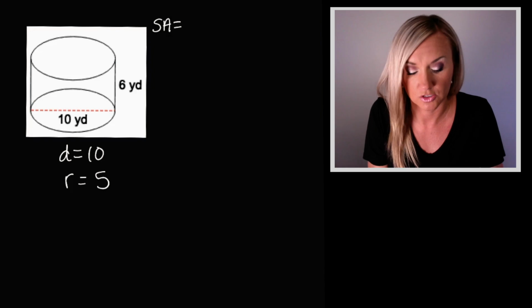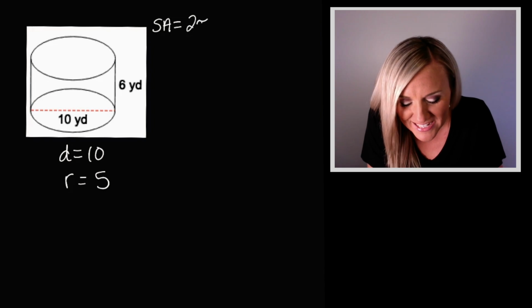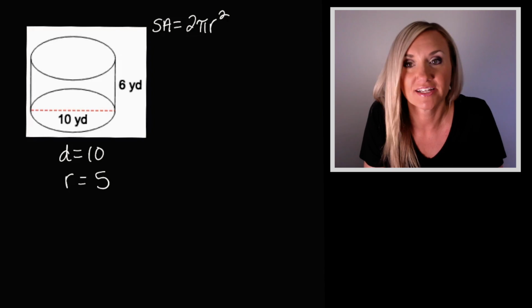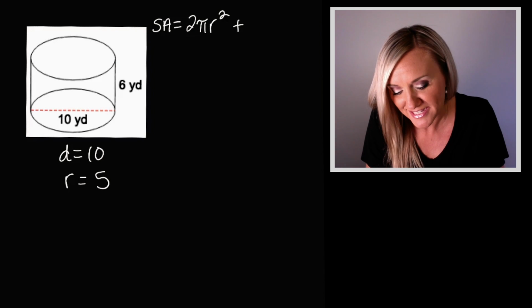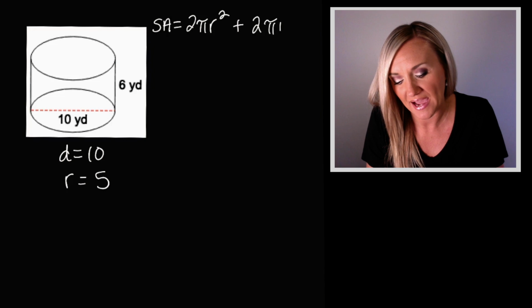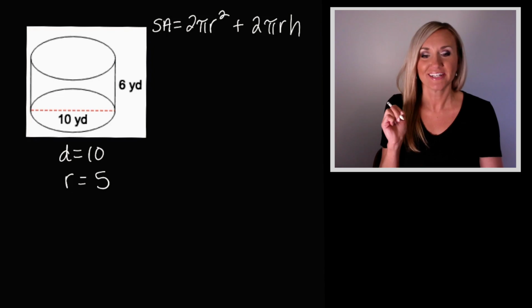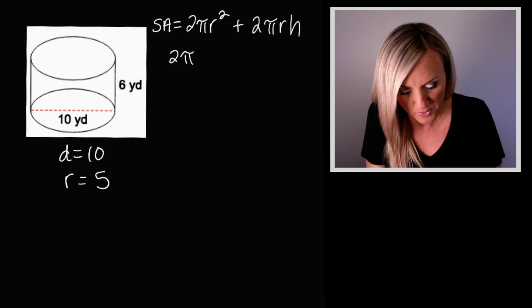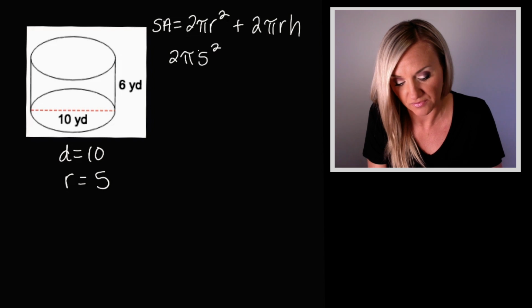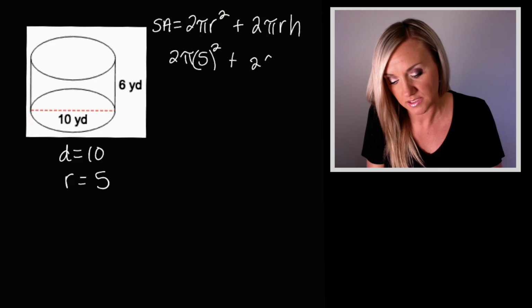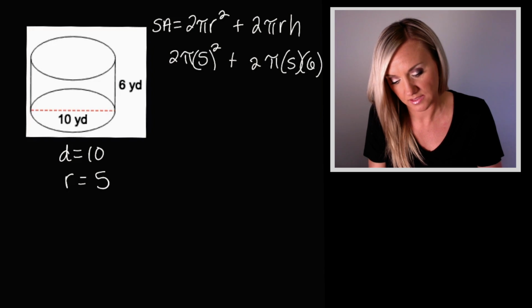Okay, anyways, I'm done talking. So it is 2 pi r squared, plus 2 pi r h. All right, so 2 pi, radius is 5, so we have 5 squared, plus 2 pi 5 times 6.